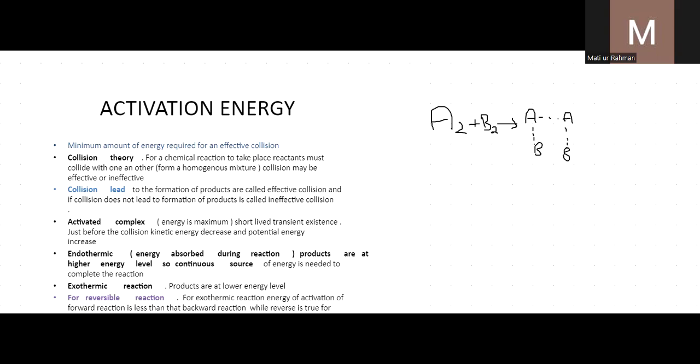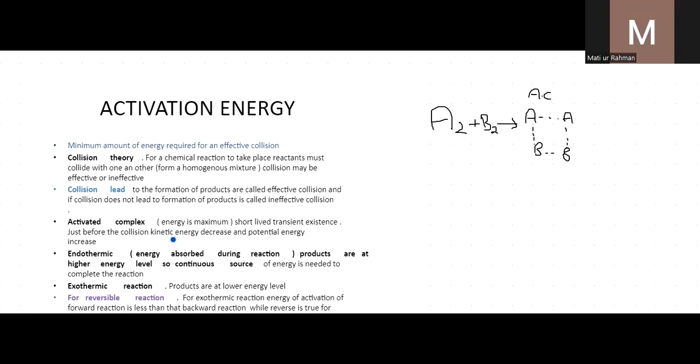This is called the activated complex. So what is the activated complex? The activated complex means the energy is maximum. So this state has the maximum energy. Maximum energy means it is a very unstable and short-lived transition state. So that's why this state is called the transition state.